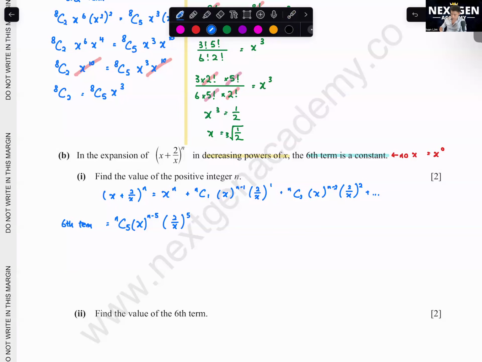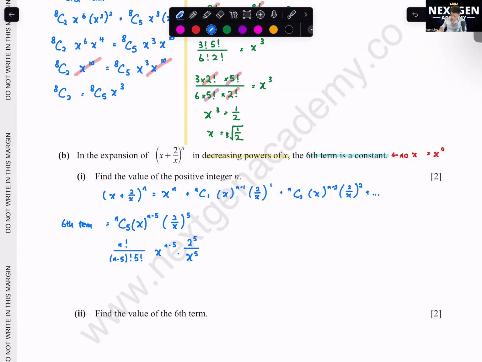So nC5, this is n factorial over n minus 5 factorial times 5 factorial, times x to the power of n minus 5, times 2 to the power of 5 over x to the power of 5.